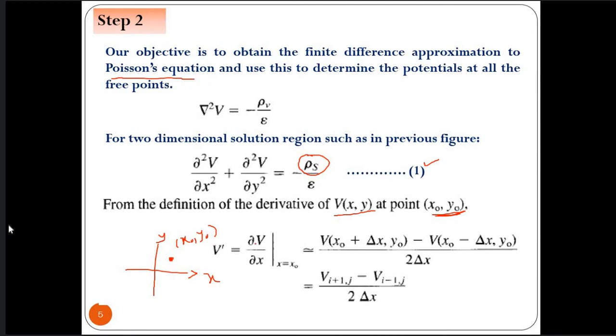So as per the definition of the derivative, how can we write that? We have to consider the distance x0 plus del x. This is del x amount. Similarly, as we are considering differentiation with respect to x, we will consider plus del x and minus del x.